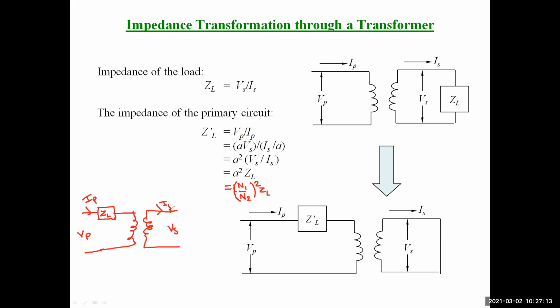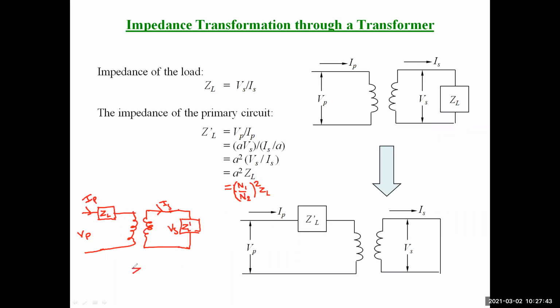So when transferring the primary impedance ZL to the secondary side, what is the ZL dash here?